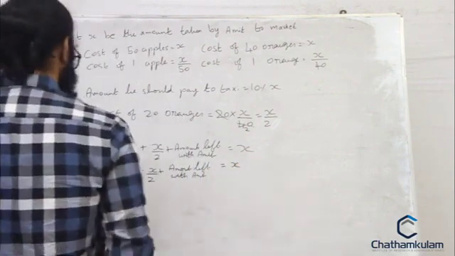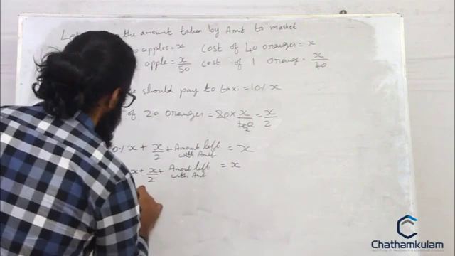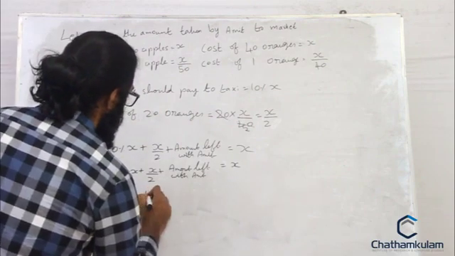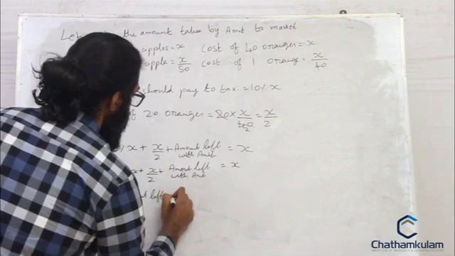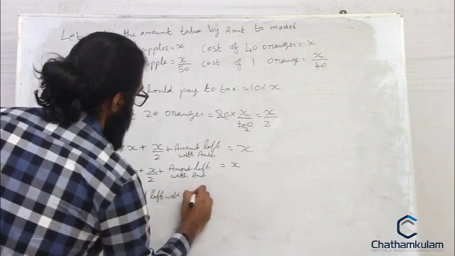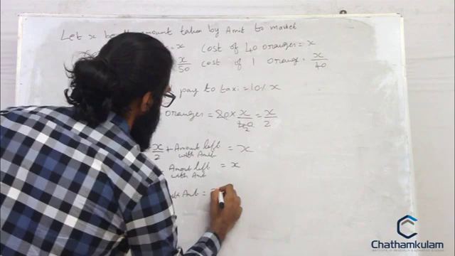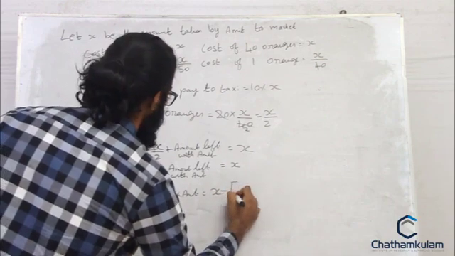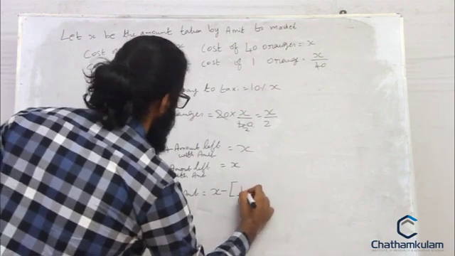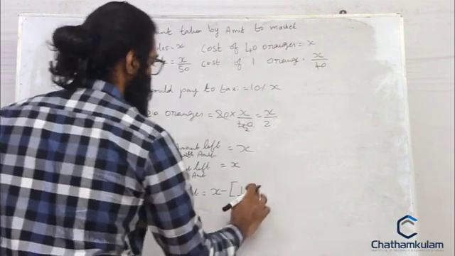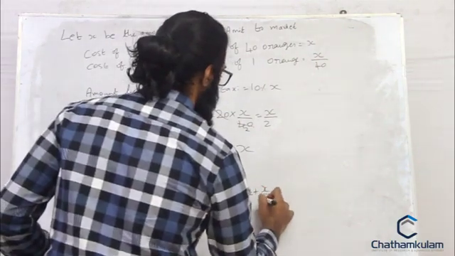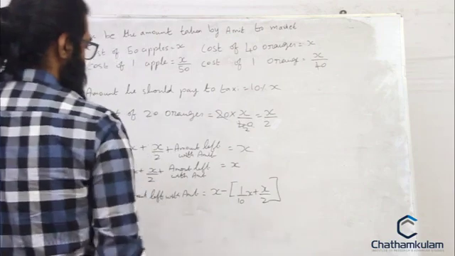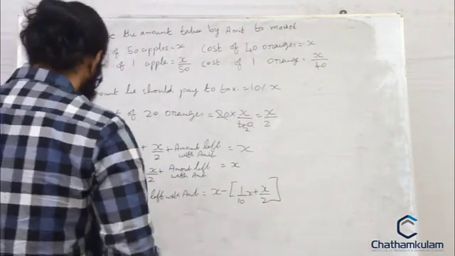So we solve this equation: amount left with Amit is equal to X minus 1 by 10 X plus X by 2, right? So this is the amount left with Amit.